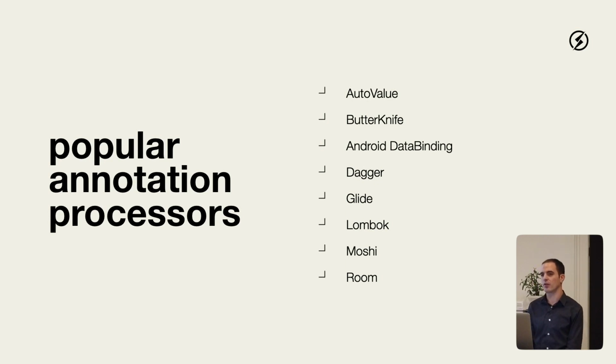It is using reflection by default, but there is a CodeGen artifact which you can include, and it will generate the JSON adapters for you. So it will be much faster because it will be as fast as if you would write those JSON adapters manually. And Room is an Android ORM. This is using annotation processing itself to generate the code for accessing the database and parsing the models.